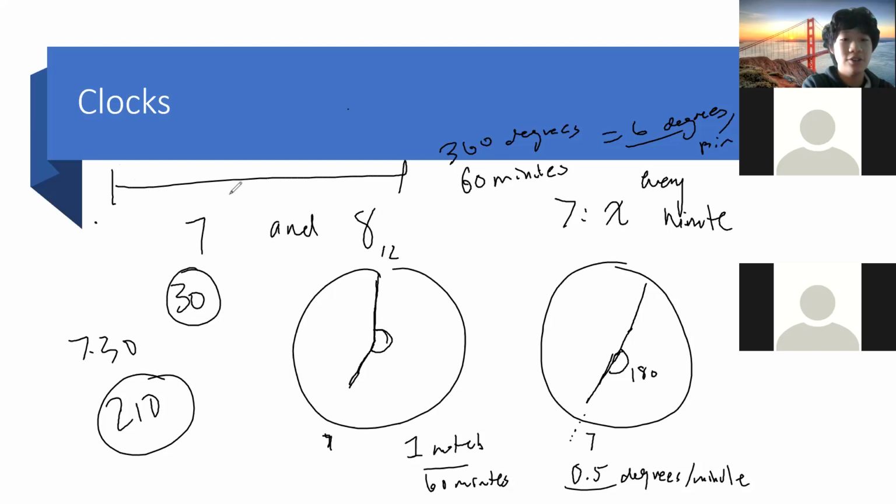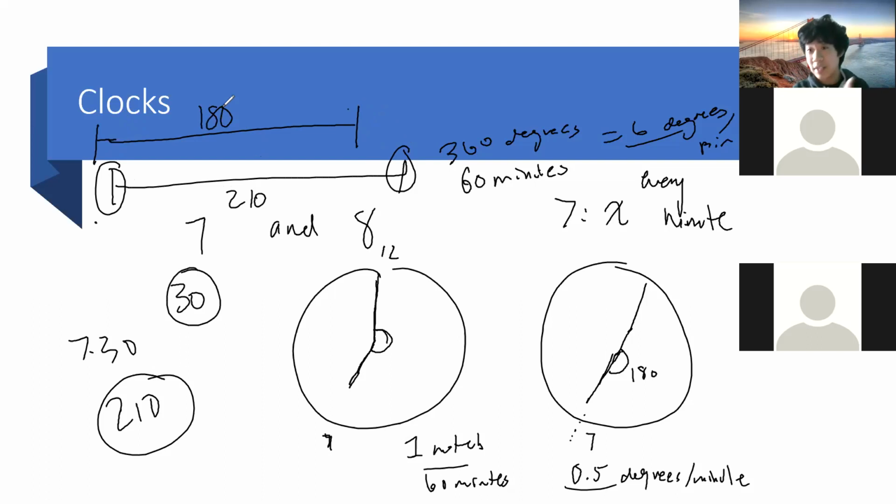Initially, they're 210 apart. This one is running faster than this one, which means that eventually this one is going to move forward, but this one is going to move a little bit less. And eventually, they're going to be 180 degrees apart, right? So we want to catch up a distance of 30.